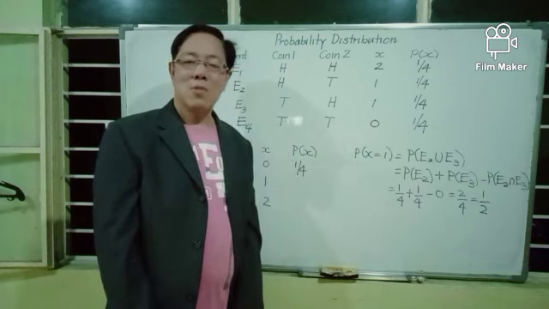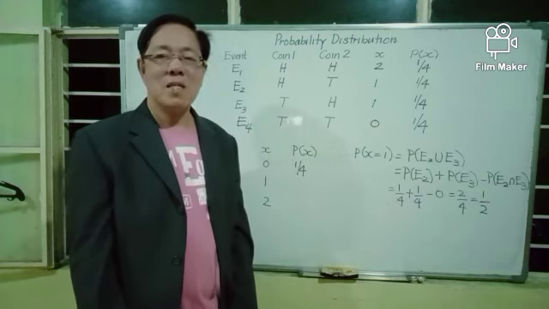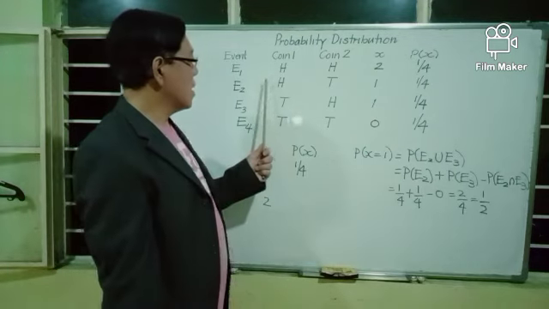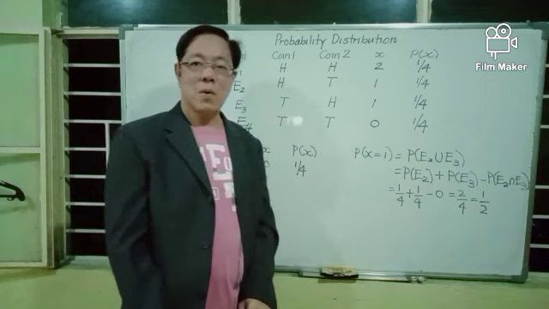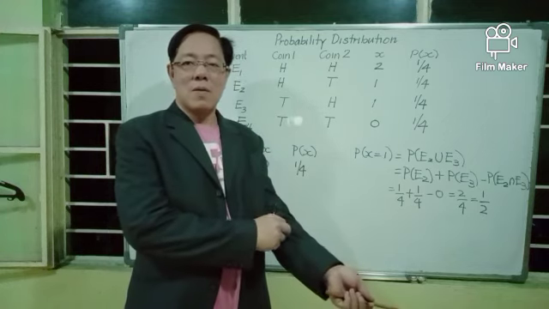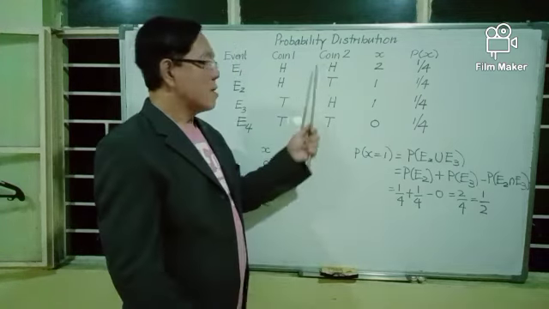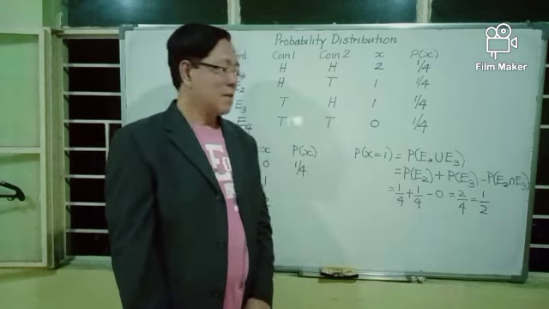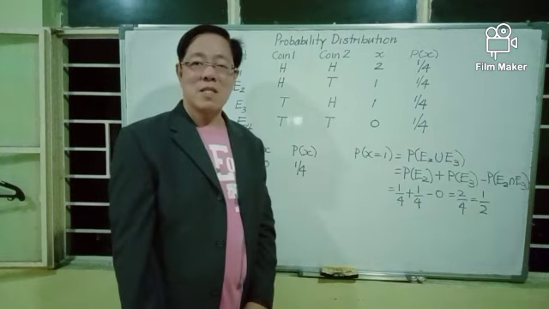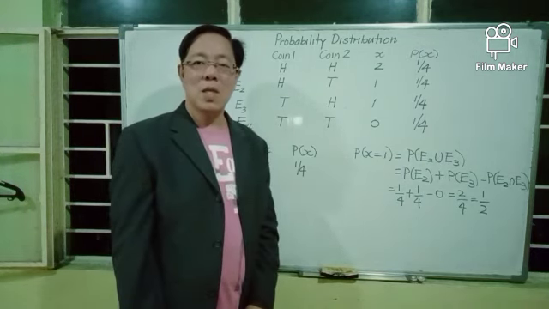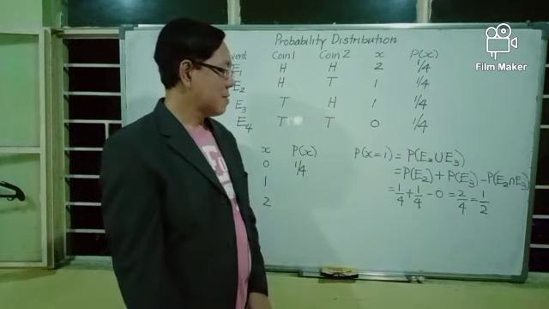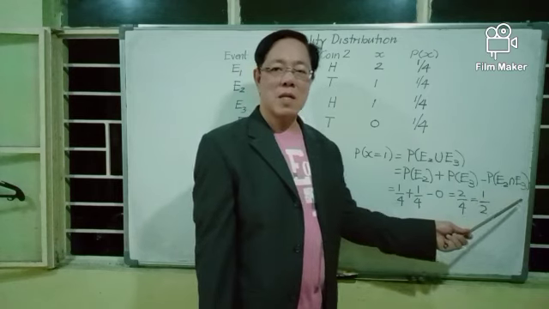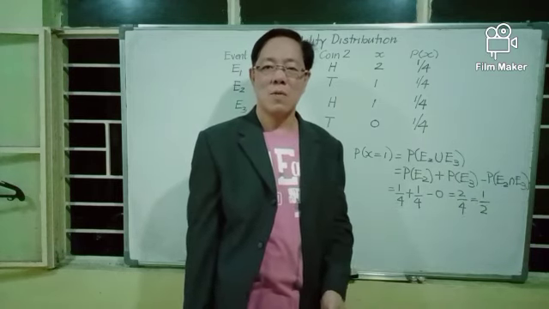When you toss two balanced coins, it's not possible that you will get one head in the first coin and one head in the second coin and the other outcome is tail. Which means that these two events, E2 and E3, are mutually exclusive. Hence, the probability that event E2 and event E3 will occur at the same time is 0.